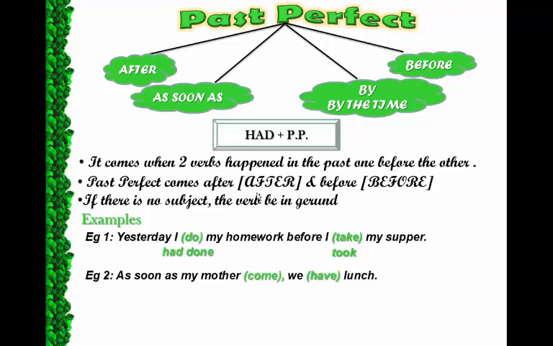According to the word as soon as, so, as soon as my mother had come, because as soon as is like after, so after we put the verb in the past perfect. As soon as my mother had come, we had lunch. The second had is the past tense of have, so it's a verb in the past simple.